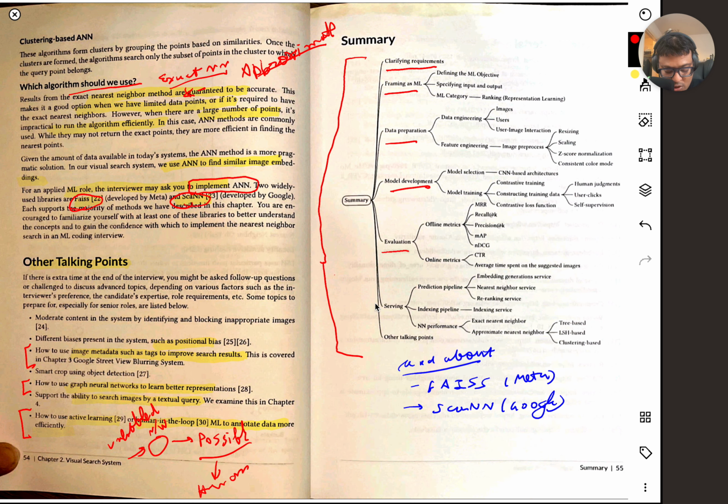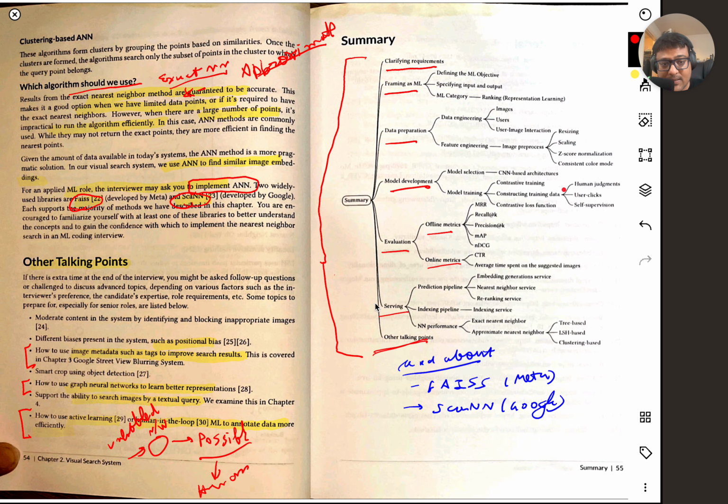For evaluation, we discussed two kinds of metrics, offline metrics and online metrics, and the trade-offs of each of them. And when you're actually serving your model, we talked about the trade-off: if you have a large number of inventory items, it will take a lot of time to search, and if you have only some, it will take less time. And there are some other talking points which we discussed.